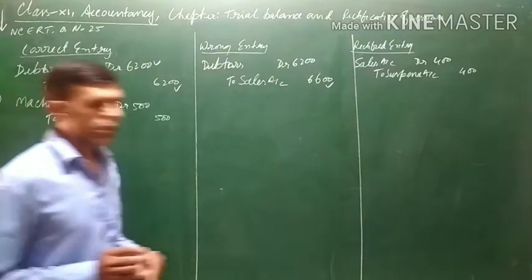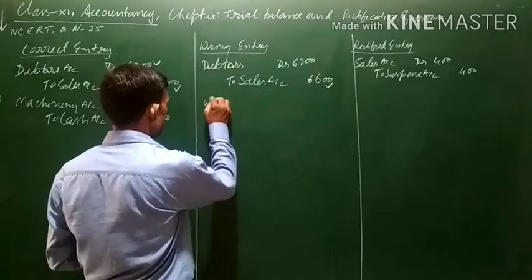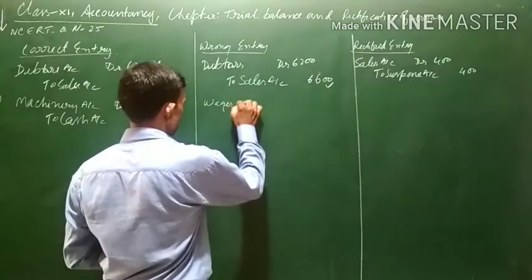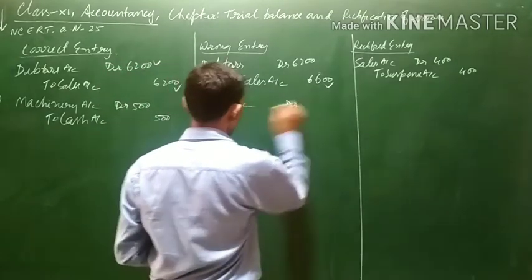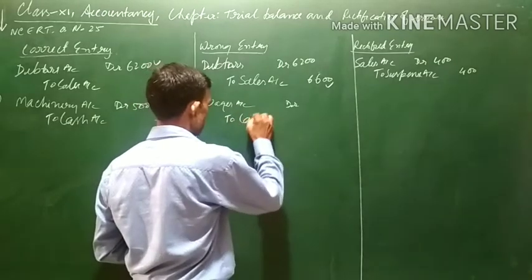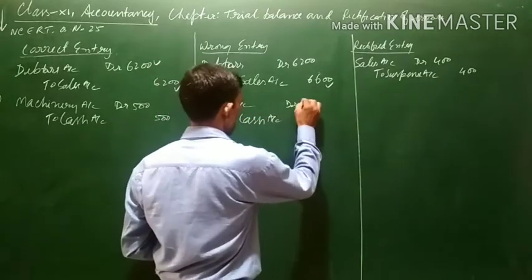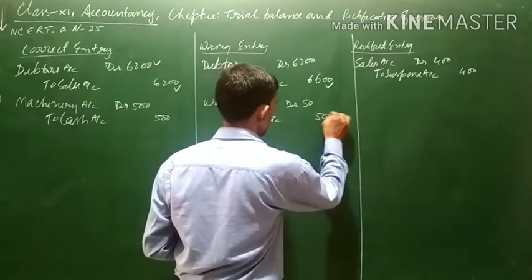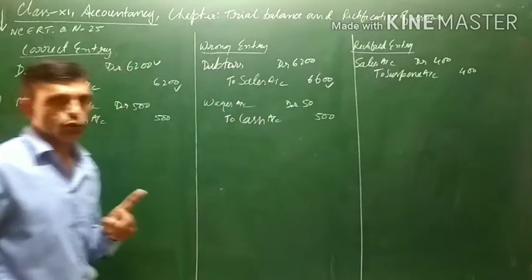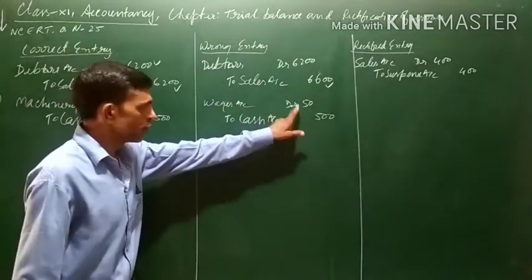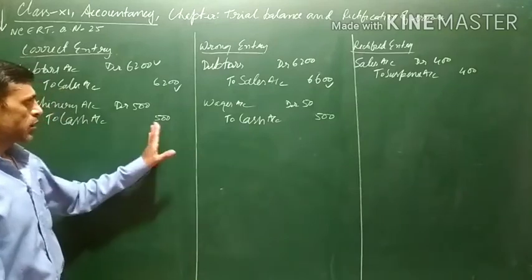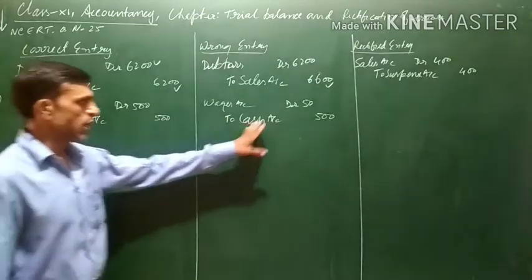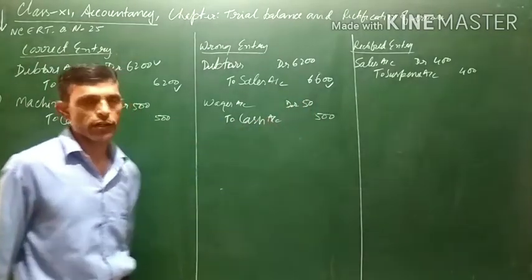Now it has been debited to wages account at 50. The wrong entry is wages account debit to cash. It is given in the question that it has been debited to wages account as 50, but regarding cash nothing is given, so we will assume that it has been correctly recorded.